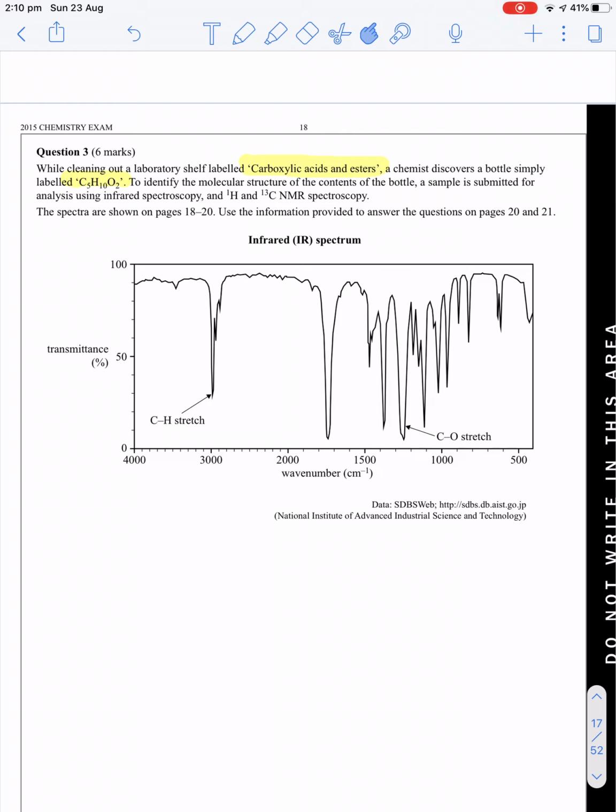I look at the IR and straight away I notice a C=O stretch here, and I notice the absence of a broad OH acid band. So that tells me straight away that this is an ester.